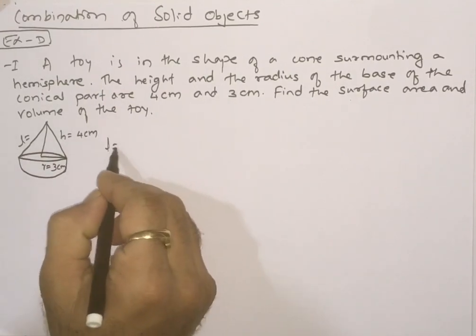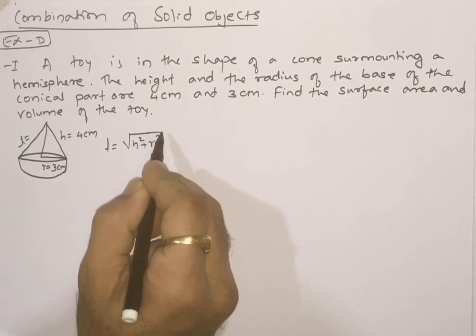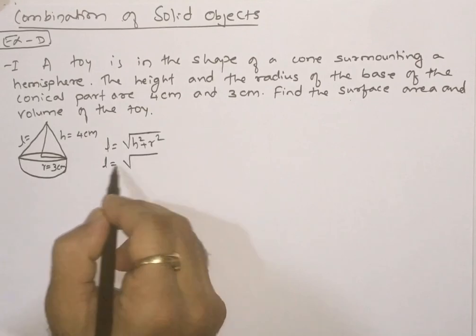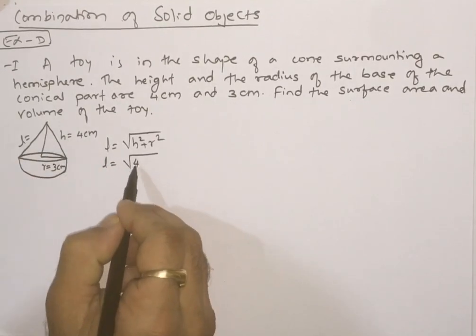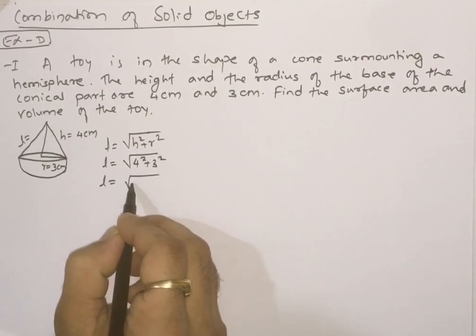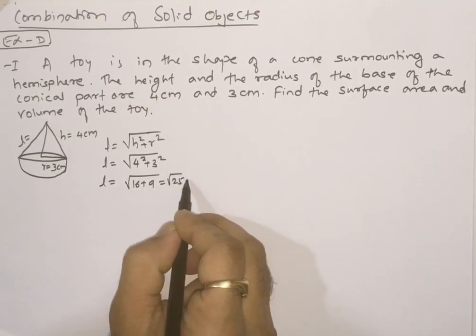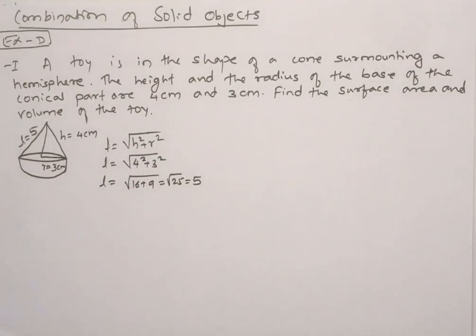Slant height is equal to square root of h square plus r square. So L is equal to square root of 4 square plus 3 square, which is square root of 16 plus 9, that is square root of 25, equal to 5. So L is 5 centimeter.